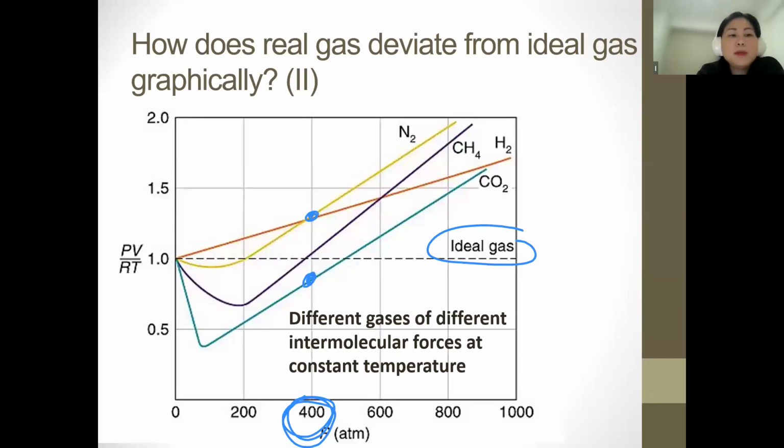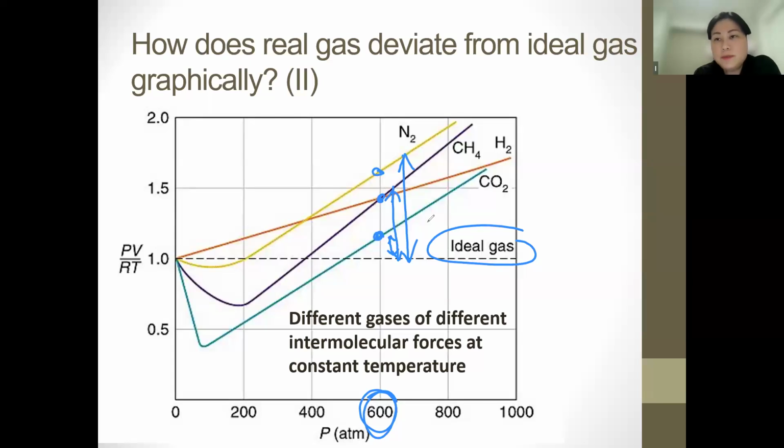If you don't want to look at 400, we can also change to another pressure. Let's look at maybe 600. At 600, this will be where CO2 is, then this will be where methane is, and this is where N2 is. Again, the same thing: the further they are from the dotted line, the greater the deviation. So in this case, it seems that the nature of the gases does have an effect on the deviation, because the gases deviate differently.